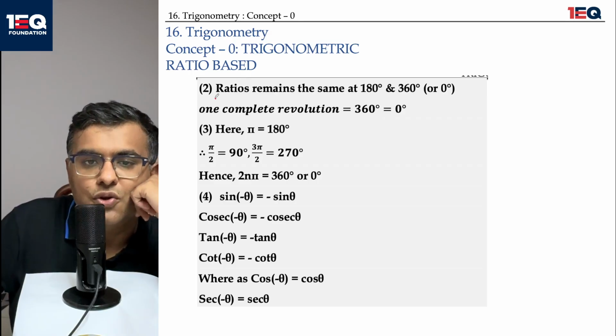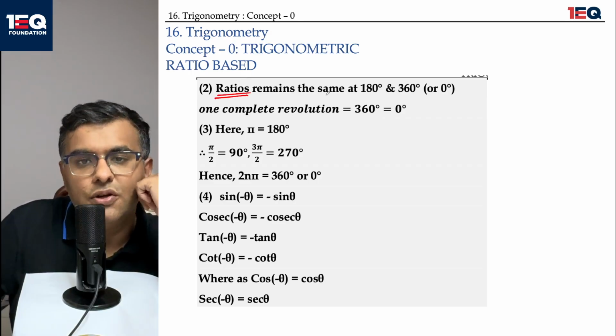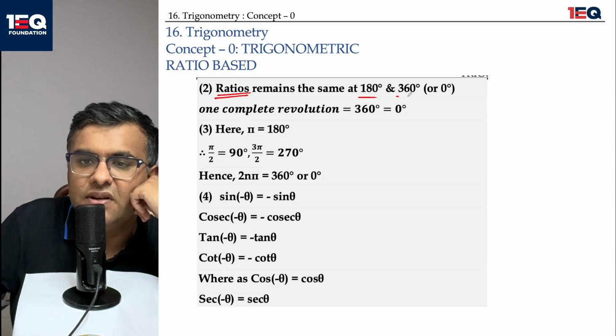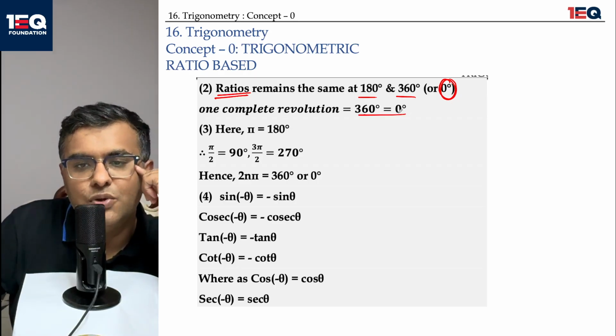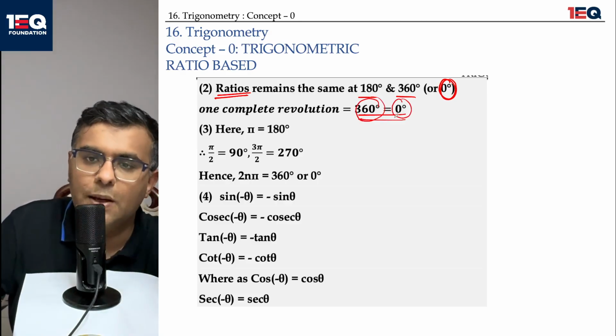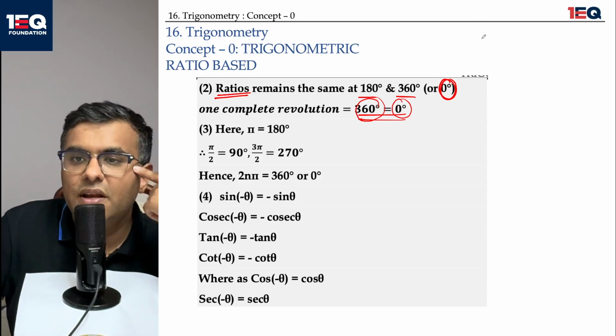Now, the ratios remain the same at 180 or 360 degrees, which is also called 0 degrees. One complete revolution is equal to 0 degrees as well as 360 degrees. Also, there is a very important value, which is pi.